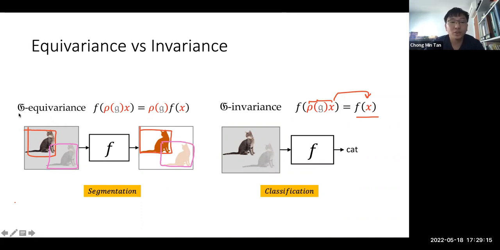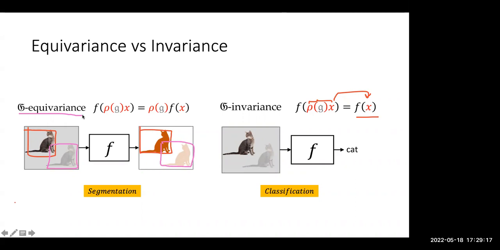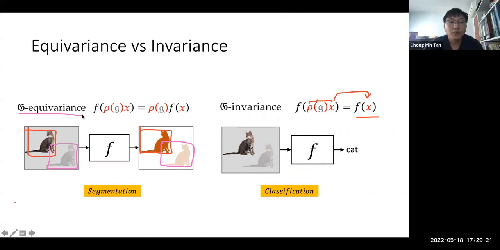This is translational equivariance, so the feature maps are shifted. It's a more relaxed way of processing data because you don't need the output to be the same regardless of where the cat is, so it's used for problems like segmentation. Whereas for classification, regardless of where the cat appears, we still want the output to be the same. So invariance is used for classification.